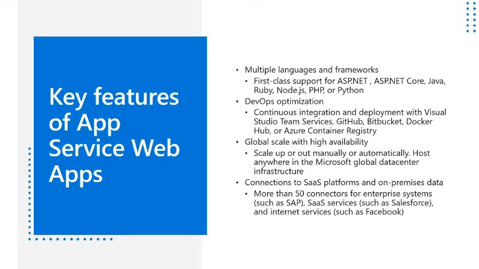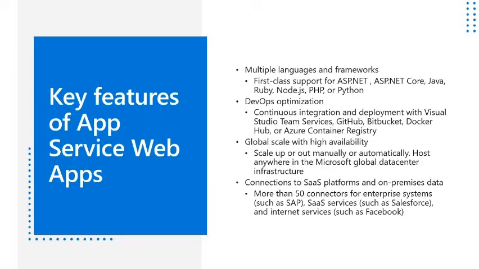Next is key features of app service web apps. Multiple languages and frameworks. Web app has first class support for ASP.NET, .NET Core, Java, Ruby, Node.js, PHP, Python. You can also run PowerShell and other scripts or executables as background services.